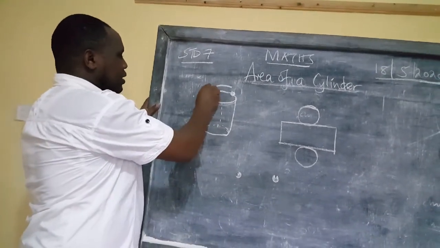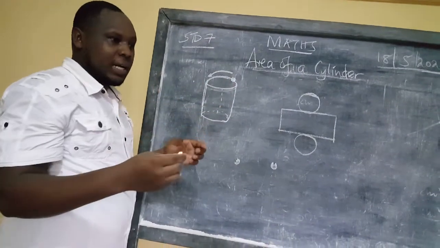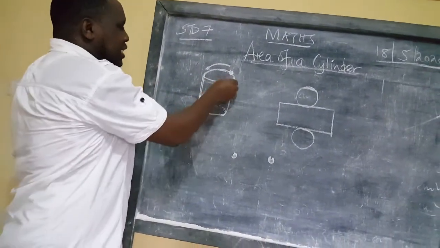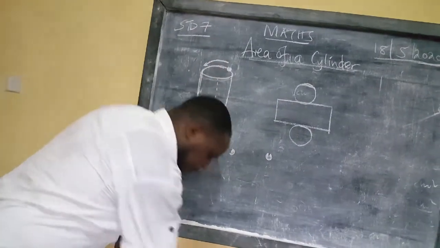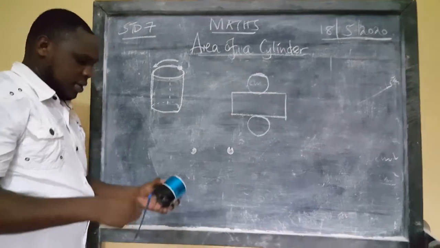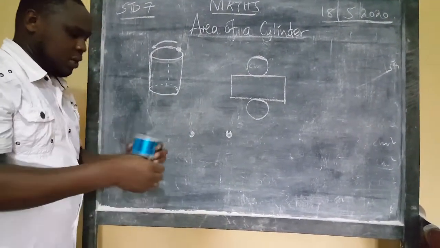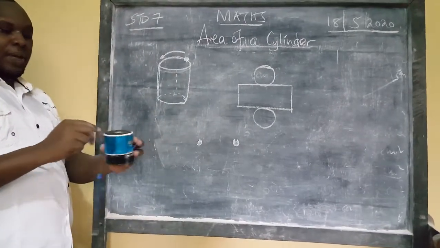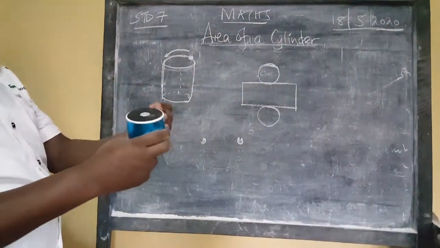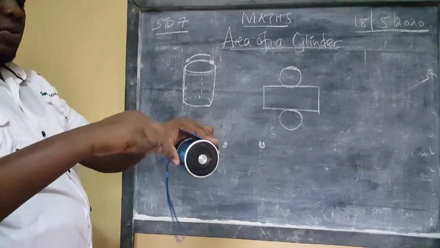If you look at this distance, if you get a string and tie it around this cylinder, I think you can have this one to be the string. So we are going to tie it here, just like that.